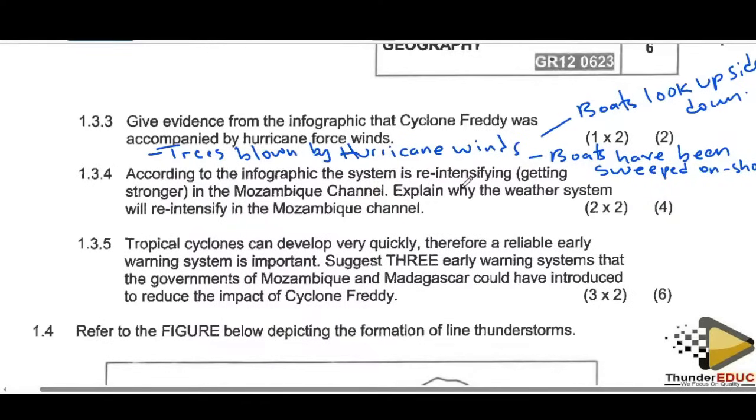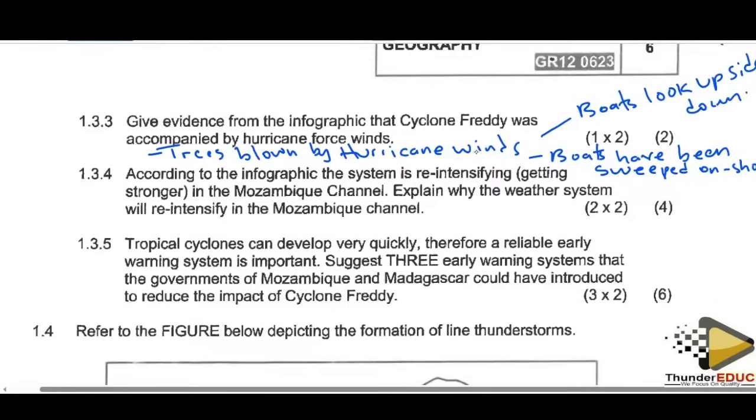All right. If we continue to question 1.3.4, they say, according to the infographic, the system is re-intensifying, and in bracket they're saying getting stronger in the Mozambique channel. Explain why the weather system will re-intensify in the Mozambique channel.